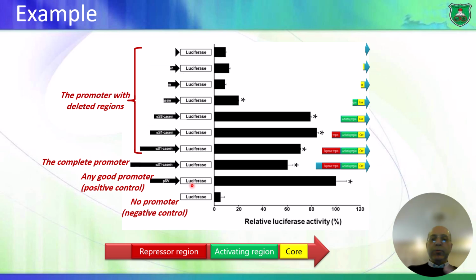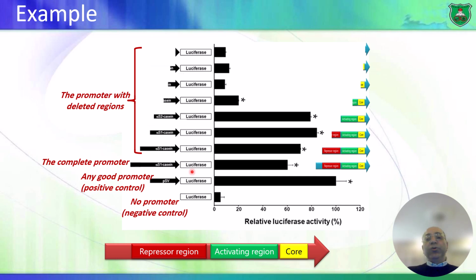Each group of cells has a recombinant plasmid DNA containing the luciferase gene and different pieces of the promoter. And I measure the amount of light that is produced by converting the luciferin substrate into the light product. Great.